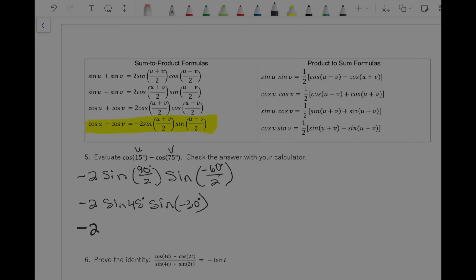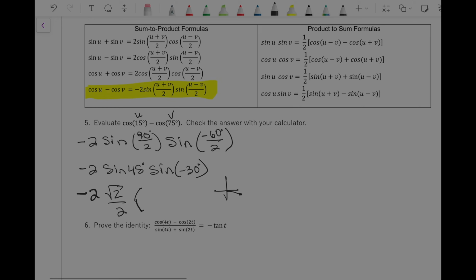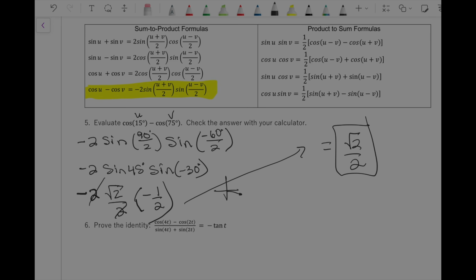Think of your unit circle. Sine of 45 is root 2 over 2. Sine of negative 30 is negative one half. So in the end, we'll have a positive root 2 over 2. Done.